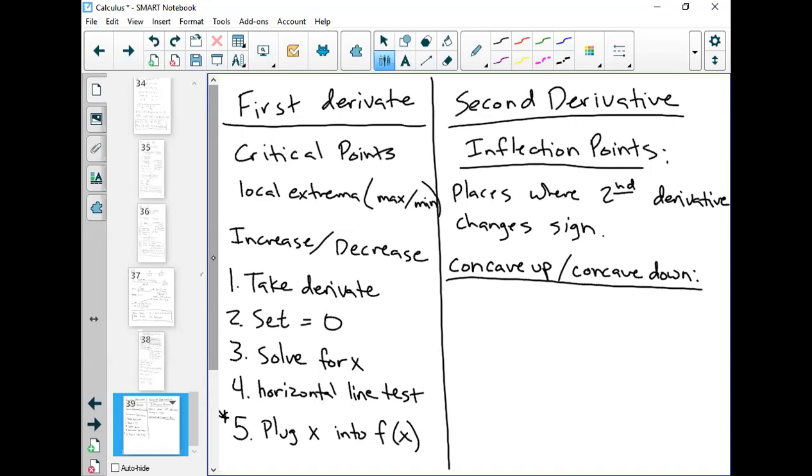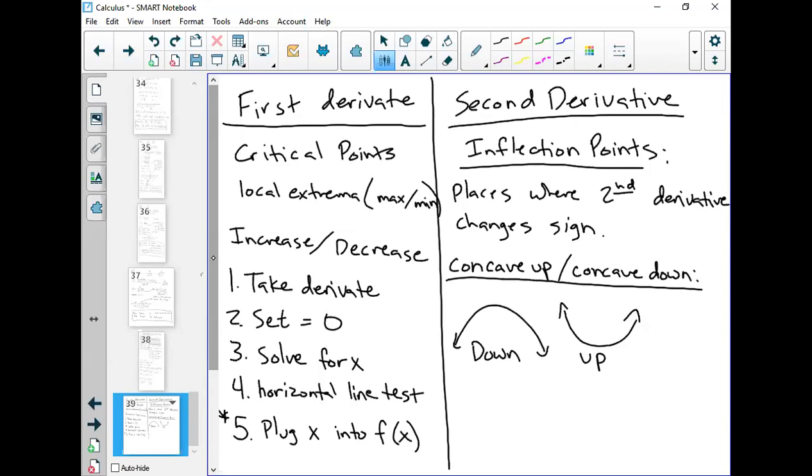Okay. So for determining whether it's concave up or concave down, it's hard to define those things with words. It's easier to do it with an image. Concave down just means it's a downward facing curve, and concave up means it's an upward facing curve.